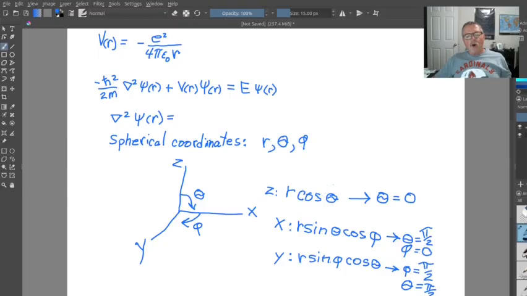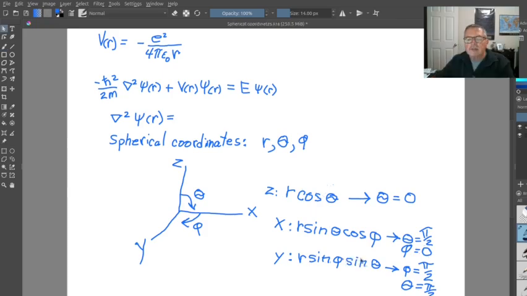If it's all y, it's going to be r sine of phi, and phi is pi over 2, so it's all on the y. And the theta angle is going to be equal to pi over 2. Or does that make any difference? Let's see. If theta is pi over 2, that still makes it in the correct direction. Okay, that all makes sense.